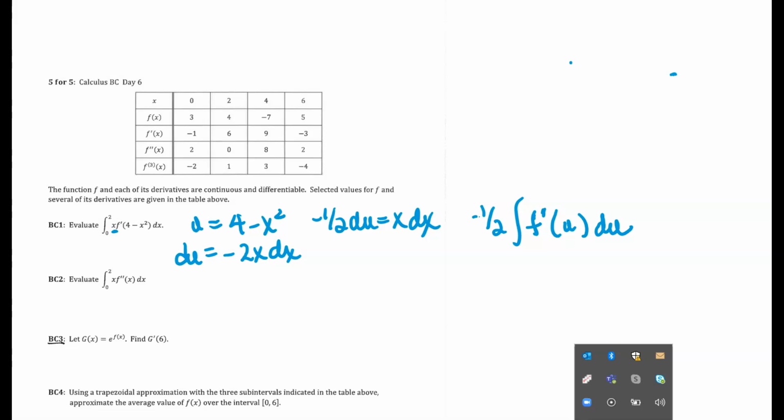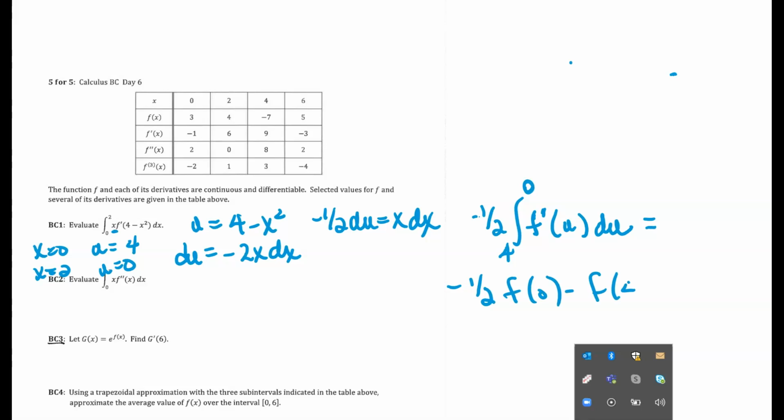When x is 0, it looks that u would be 4. And when x is 2, u would be 0. So we're going from 4 to 0. Okay, first fundamental theorem, -1/2 f of 0 minus f of 4.